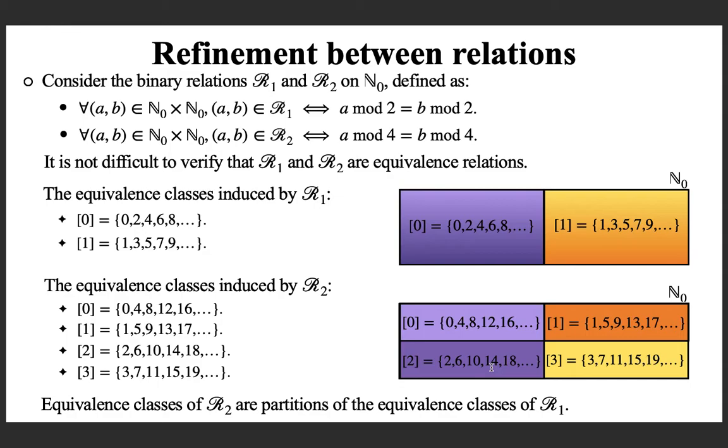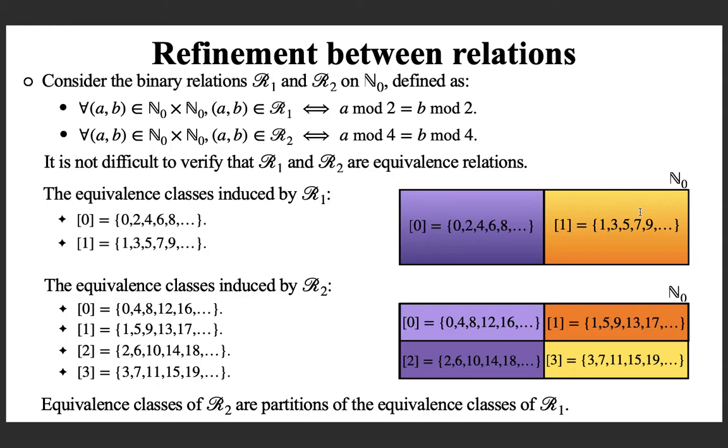So the only thing that you may have to remember is, when there is a refinement relation between equivalence relations such that R2 refines R1, then the equivalence classes of R2 are contained in equivalence classes of R1, or in other words, equivalence classes of R2 are subdivisions or partitions of the equivalence classes of R1.